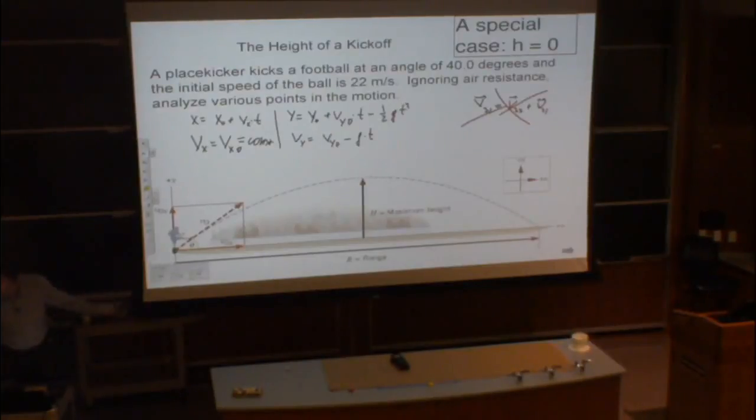Where do we see them? Well, right here. This is the x component of initial velocity, which remains constant. This is the y component of initial velocity, which changes.